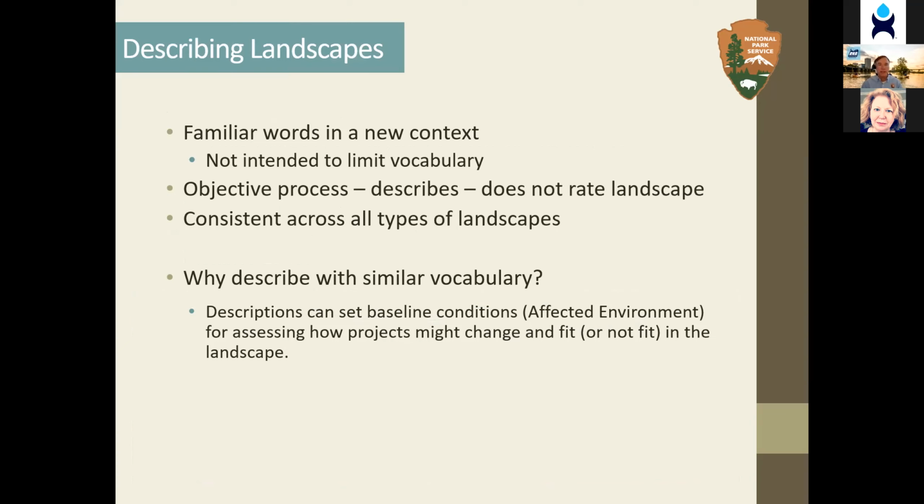That's one of the key things when you're talking about potential impacts and how you might mitigate those in the landscapes. In its relationship to NEPA, this relates to the affected environment piece. We want to describe what those existing conditions are.